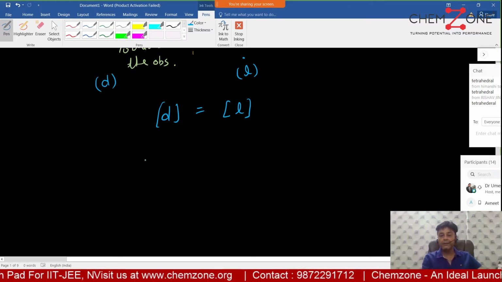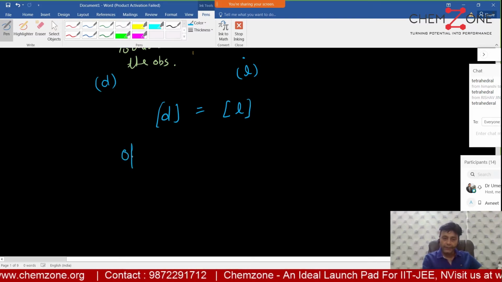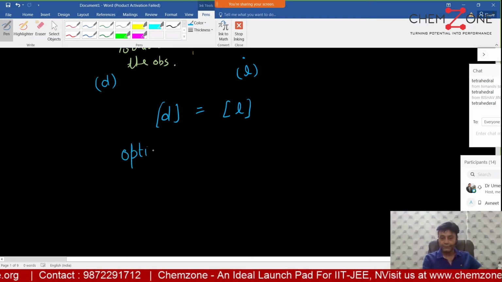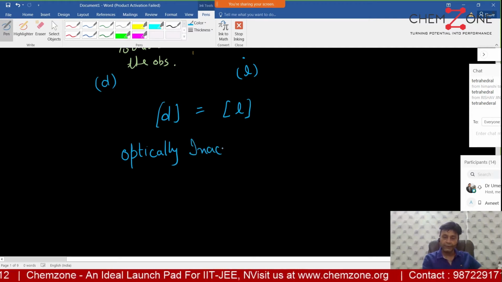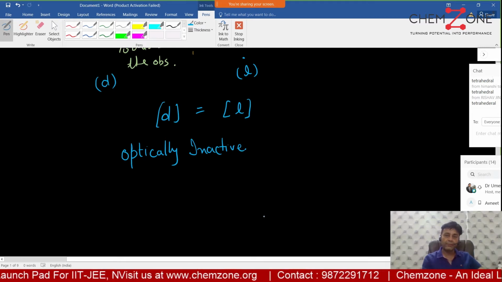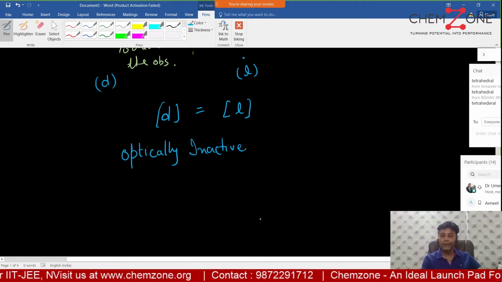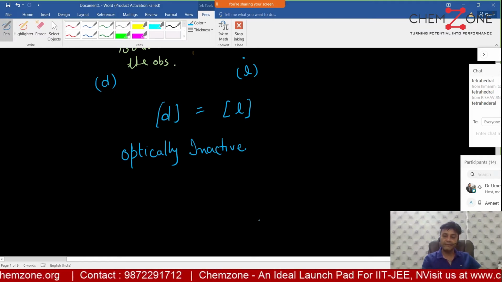In that case, this solution will be optically inactive again, because half the molecules are deflecting the plane polarized light toward the right hand side and half toward the left hand side.